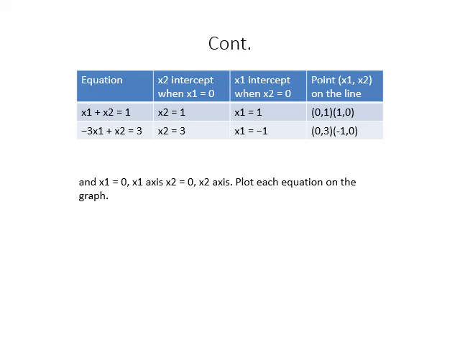Points are (0, 3) and (negative 1, 0). And x1 equals 0 is the x2 axis, x2 equals 0 is the x1 axis. Plot each equation on the graph.